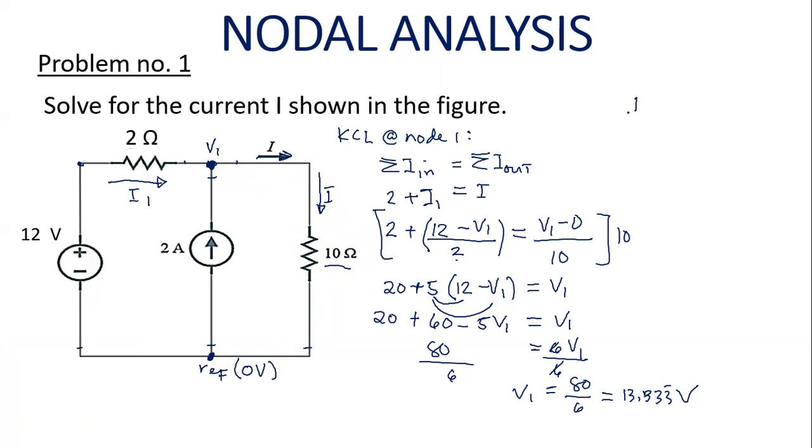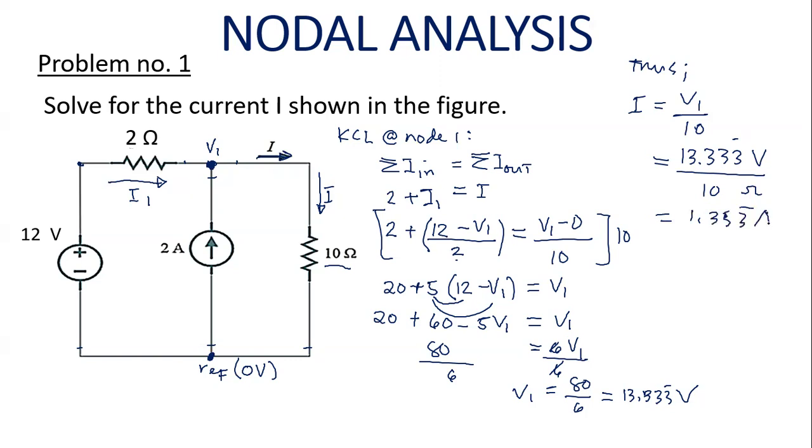Therefore, I is equal to V1 over 10, or 13.33 volts divided by 10 ohms, so you have 1.333 amperes.